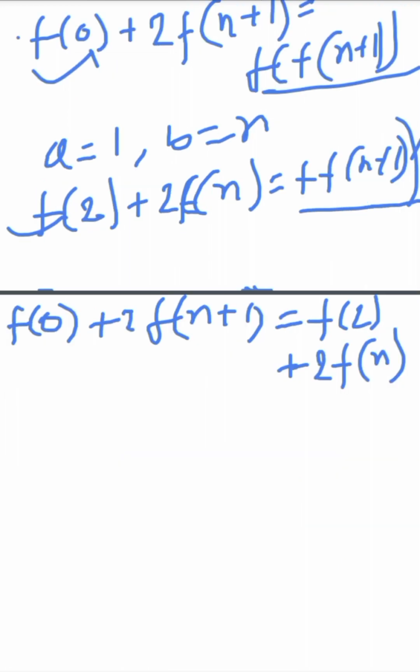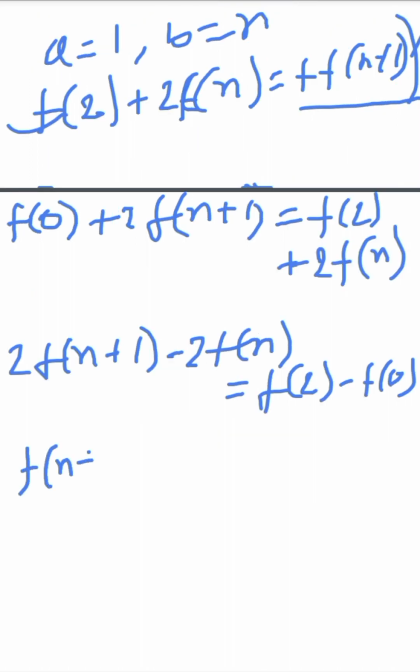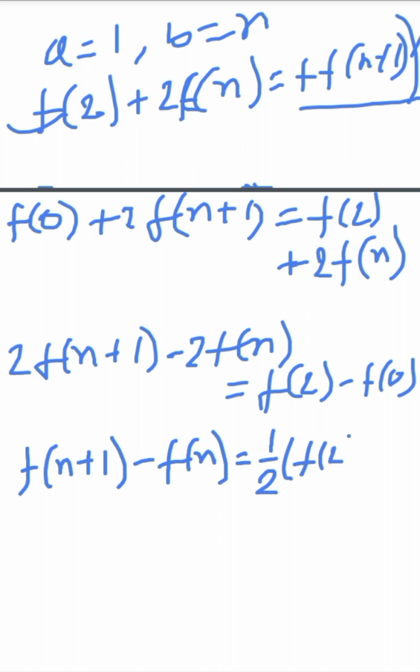So guys, now let's rearrange it. So 2f(n + 1) minus 2f(n) equals f(2) minus f(0). Now we can take 2 common, so this will be f(n + 1) minus f(n), and we are going to take 2 on the right side, so this will be half of f(2) minus f(0).